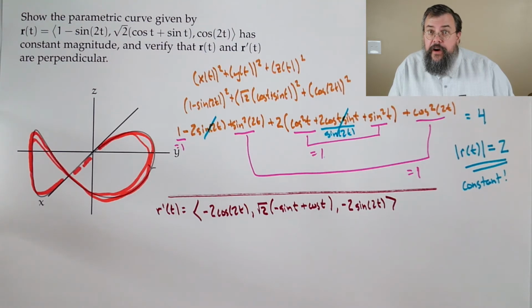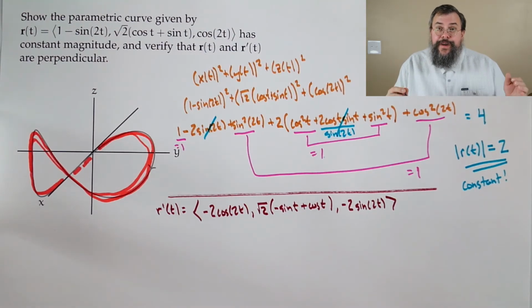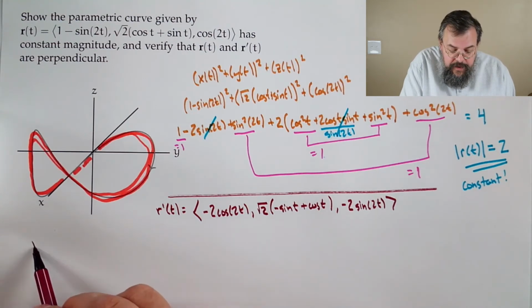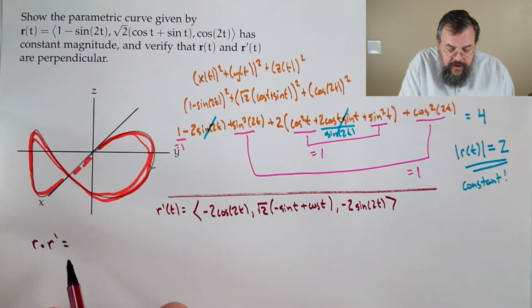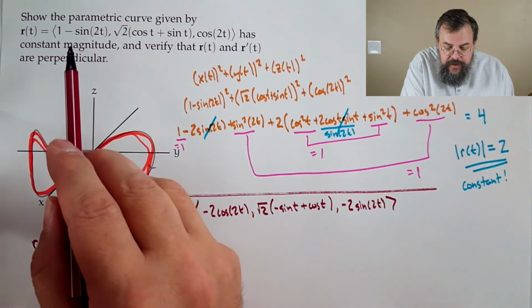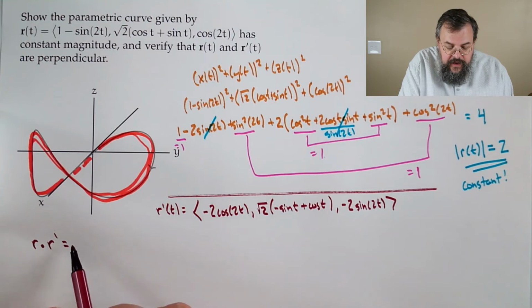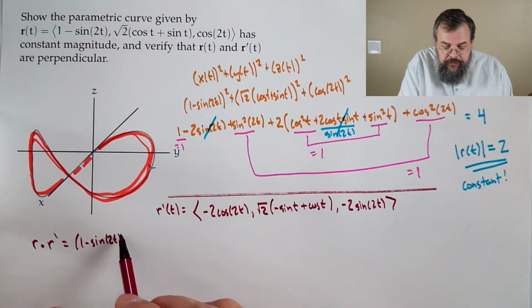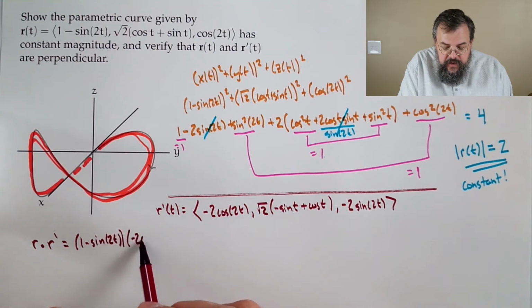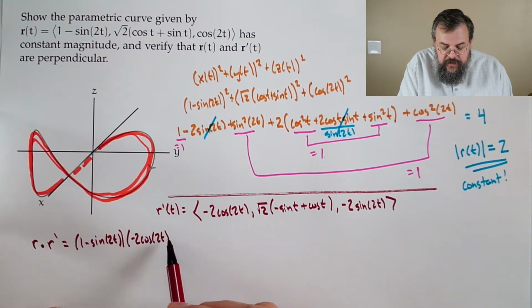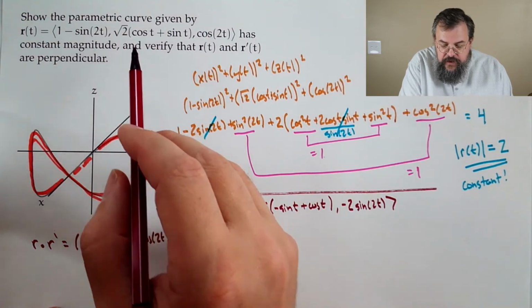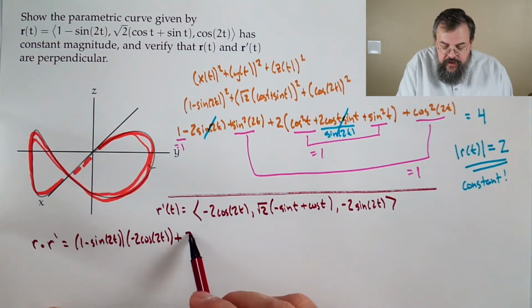Now, what do we do? Well, we now have r and r prime. Now we dot them. So, r prime dot r. Okay, what is that? Well, we just have to multiply the right entries together. So 1 minus sine of 2t times minus 2 cosine of 2t, plus root 2 times root 2 makes it 2.